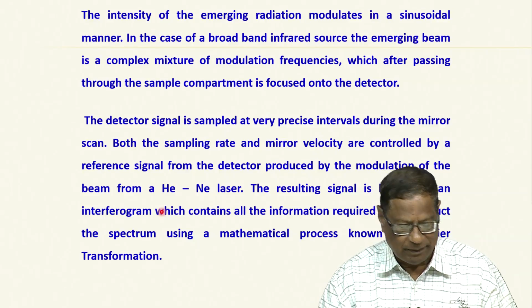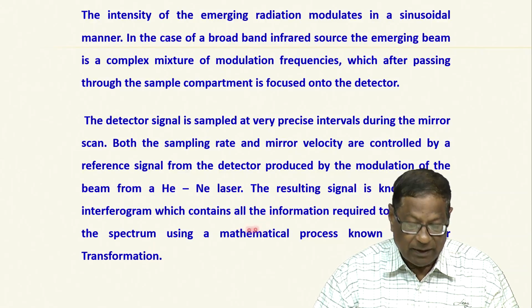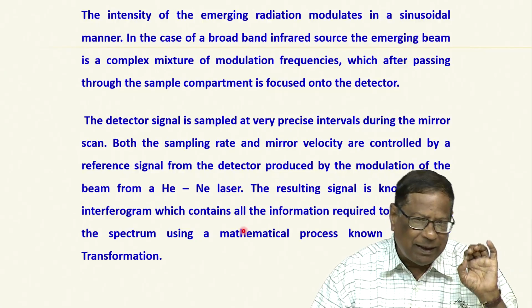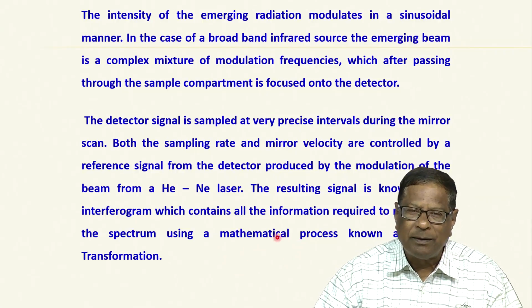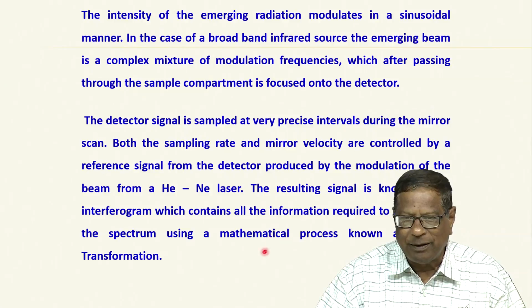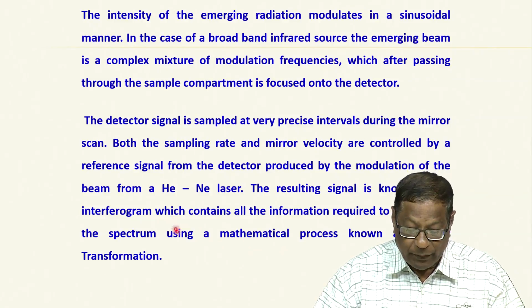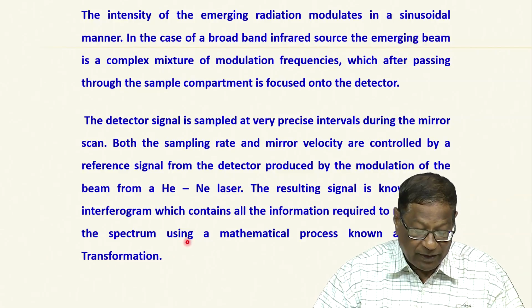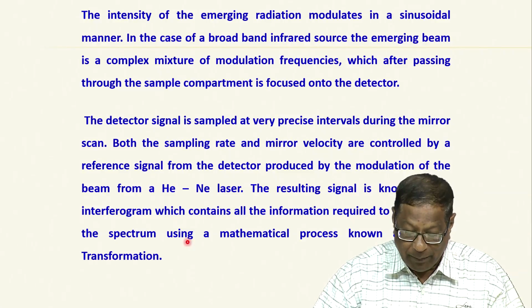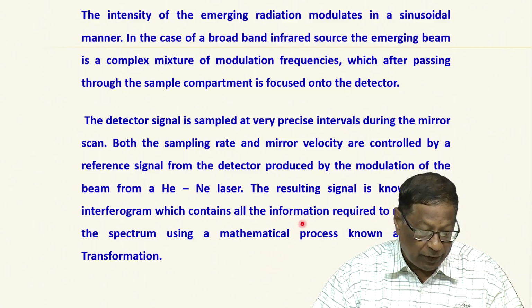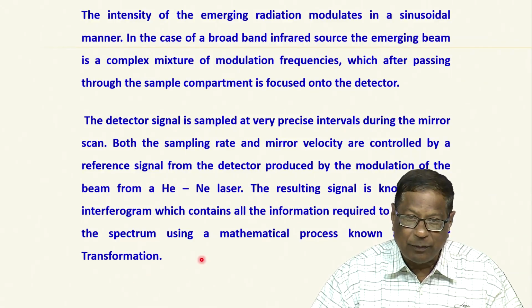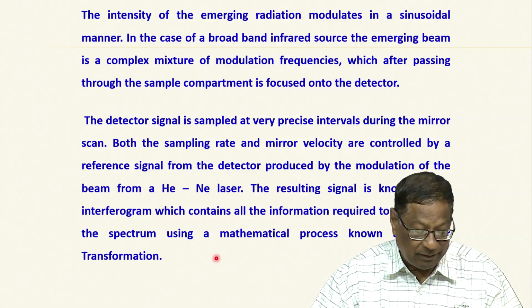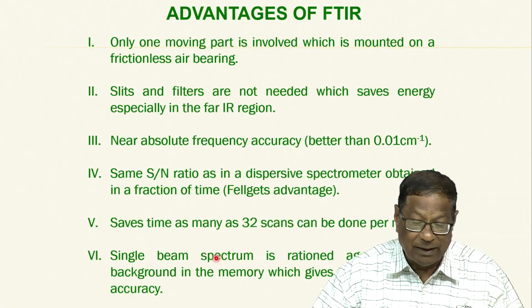Every piece of information, all the wavelengths, differing only slightly by a little bit of moving mirror changes. So, it contains all the information required to reconstruct the spectrum using a mathematical process known as Fourier transformation.